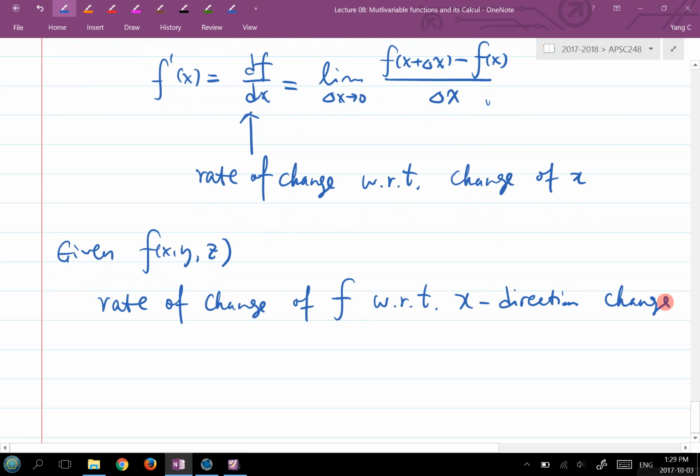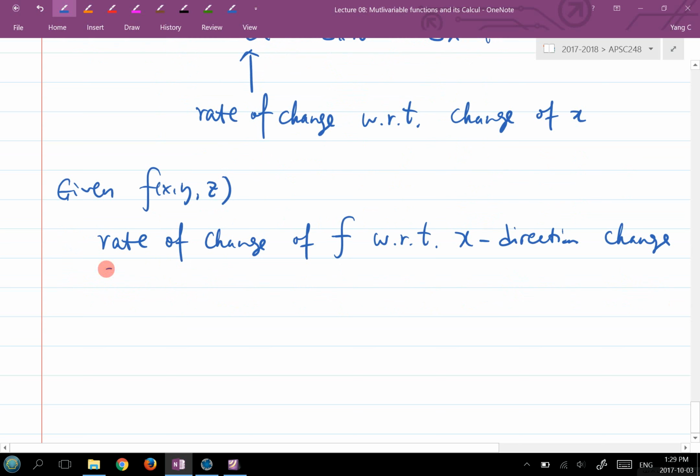Okay, so for partial derivative from now on, you will notice there's an introduction of a so-called direction. Direction basically means I'm here, and I can have a small change in that direction, a small change in that direction. So that's basically the idea we want to find out here.